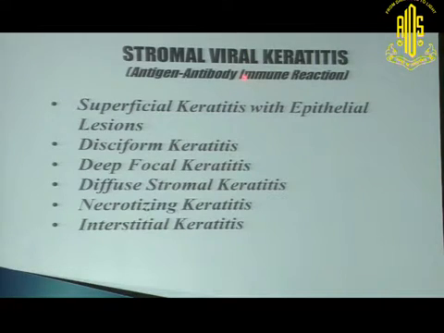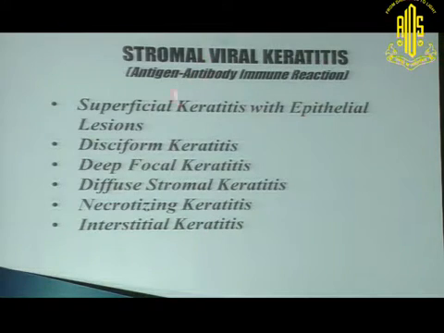Stromal viral keratitis is a condition where there is an antigen-antibody immune reaction, while in epithelial keratitis the virus is actually growing in the epithelium. Stromal viral keratitis may assume different forms, the commonest being a disciform keratitis or a deep focal keratitis, then necrotizing keratitis, which is not rare and is still commonly seen, and interstitial keratitis.